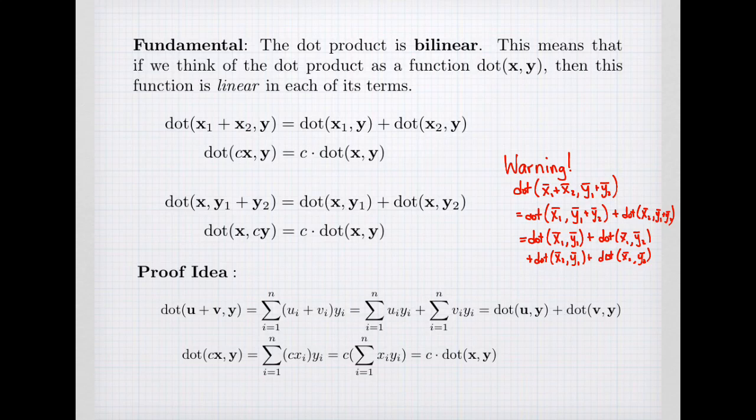And mathematically, the dot product has a distributive property: x1 plus x2 dotted with y1 plus y2. Basically, what I did above is something akin to foiling, where I have four terms. And so that's how the dot product works. It is what we call bilinear, bi because there are two entries, and linear because the function is linear in each of the entries.